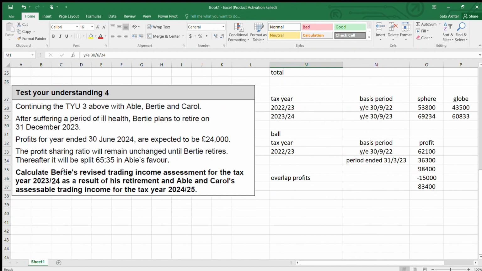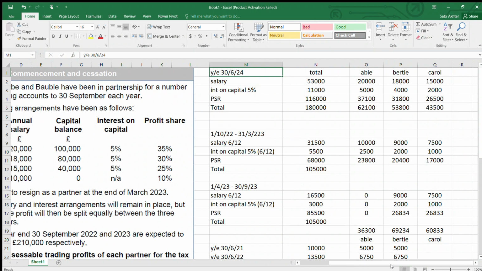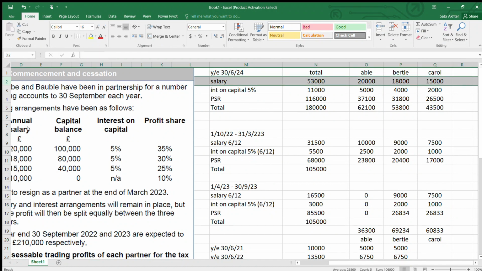You see, they have given you also for this tax year 2023-24. Profit for the year ended 30th June 2024 is 24,000. So keep your test your understanding 3 with you. From there we'll continue. So there, this is year end 30th June 2024. We'll add one more column.